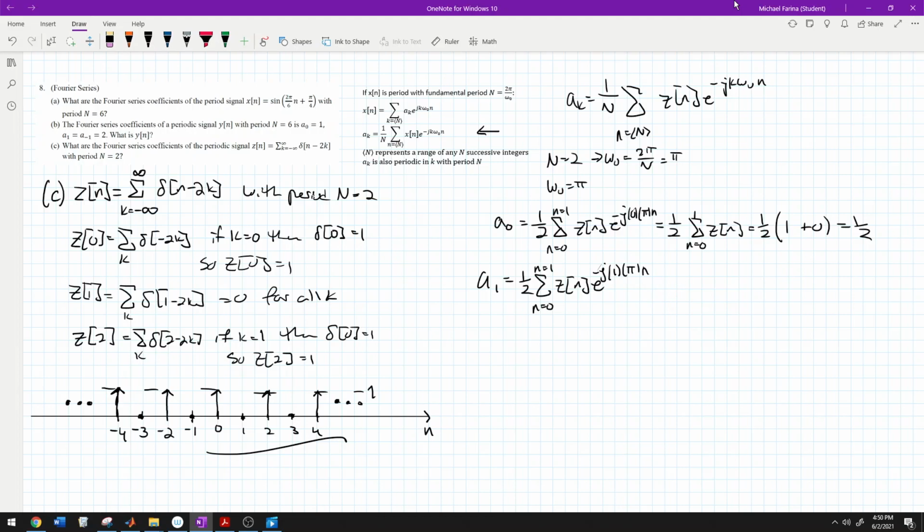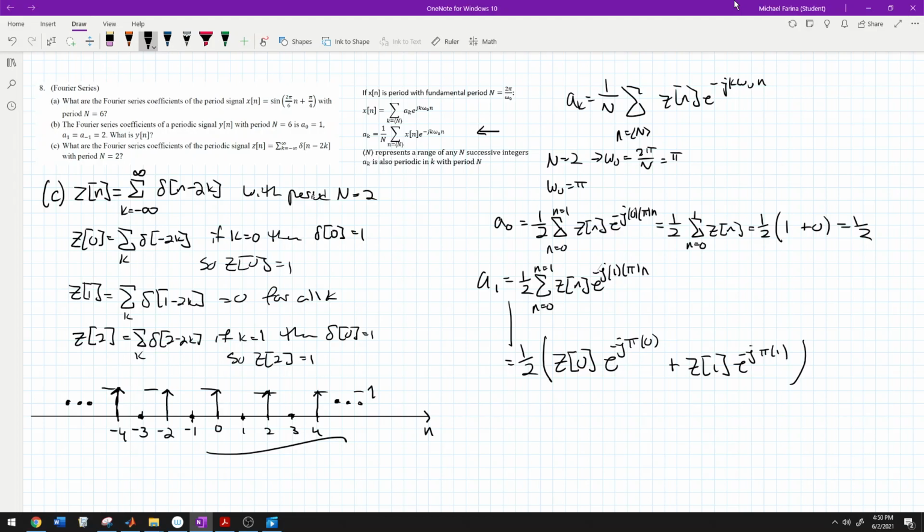Let's do it right below it, come down here. That's equal to 1 over 2, and now we're going to write out the sum. So we get z evaluated at 0 times e to the negative j pi times 0 plus z of 1 e to the negative j pi times 1.